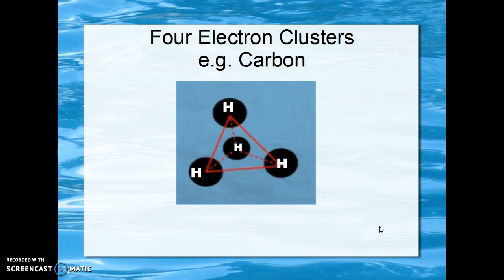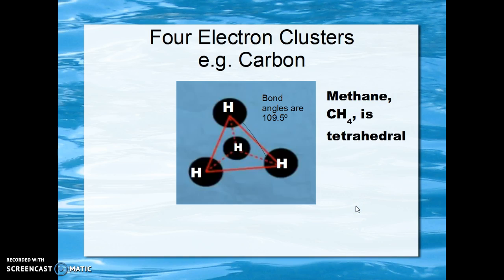Fourth, let's look at four electron clusters. Carbon has four valence electrons, so it can form bonds with four hydrogen atoms. The electron pairs that result will get as far away from each other as they can, so the bond angles are 109.5 degrees, and the electron pairs in hydrogen atoms are at the apexes of a tetrahedron.